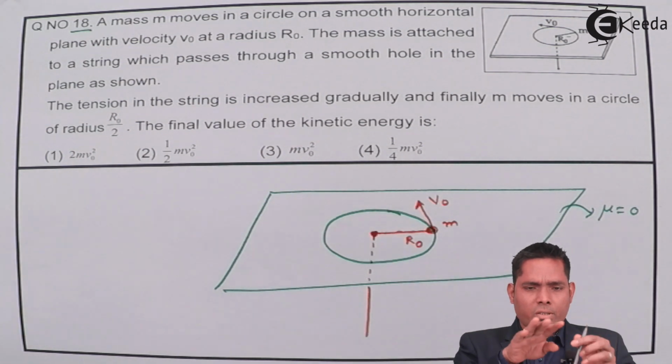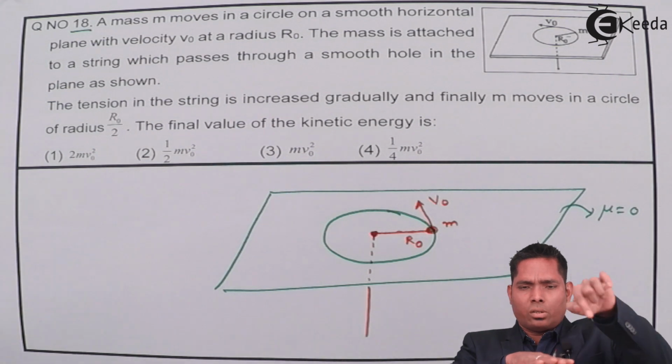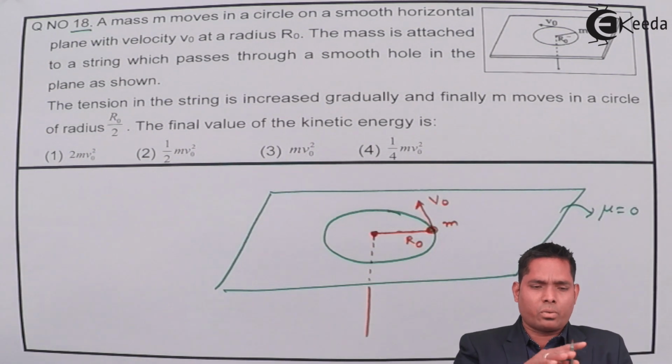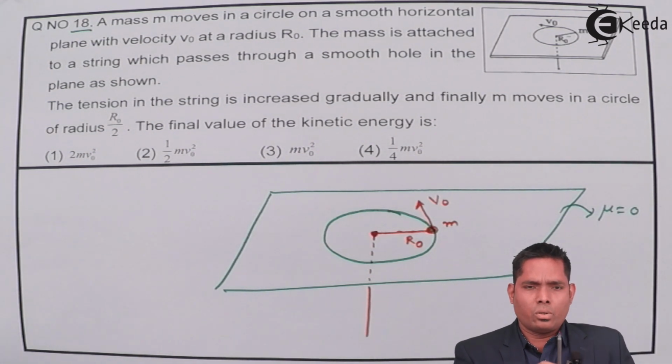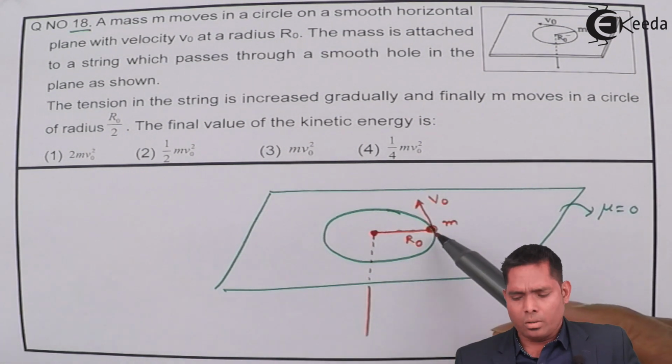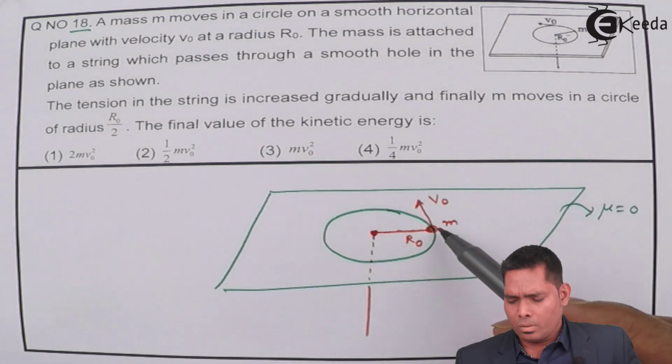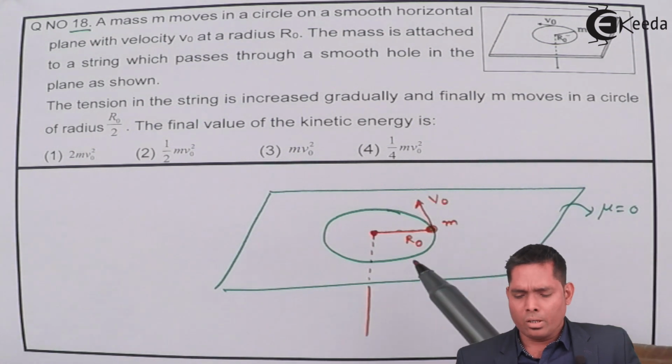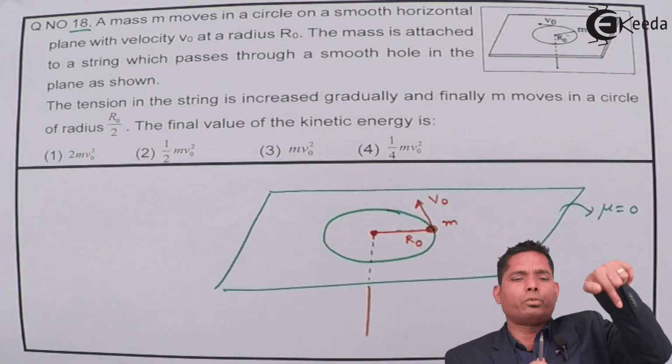This is the string. The mass rotates, and the string holds the mass from moving away. If I hold it tight, the mass is supposed to move in that circle.